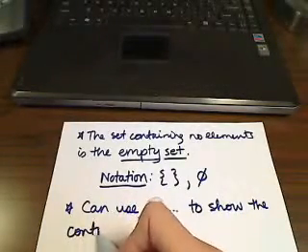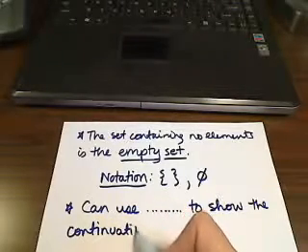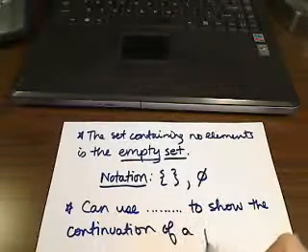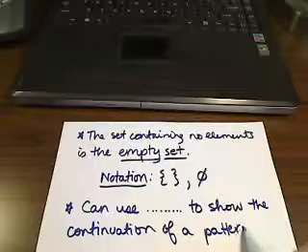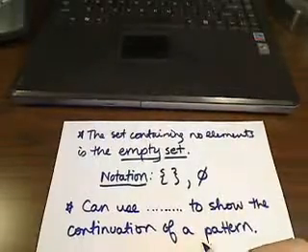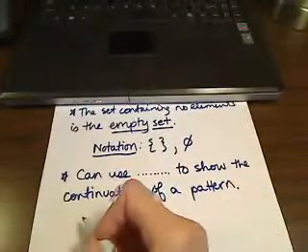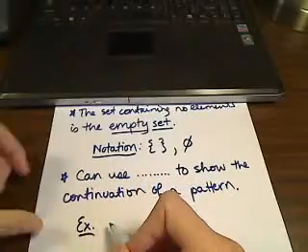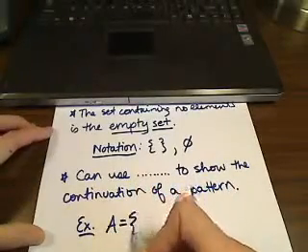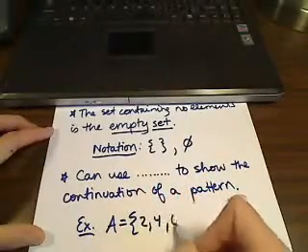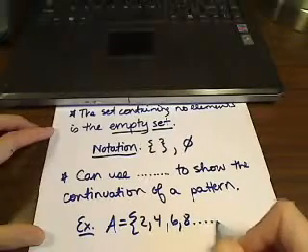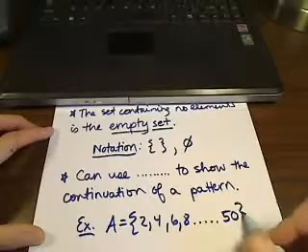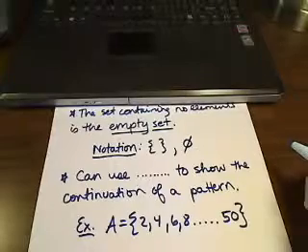So for instance, let's just say that I was talking about having a set A that went like this, 2, 4, 6, 8, and then it continued, but maybe it ends at 50, and I don't want to write all those even numbers out.